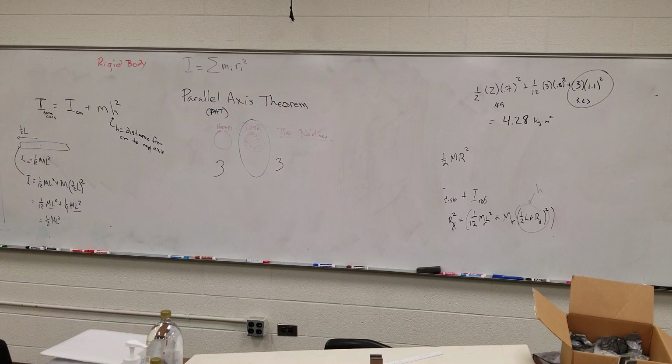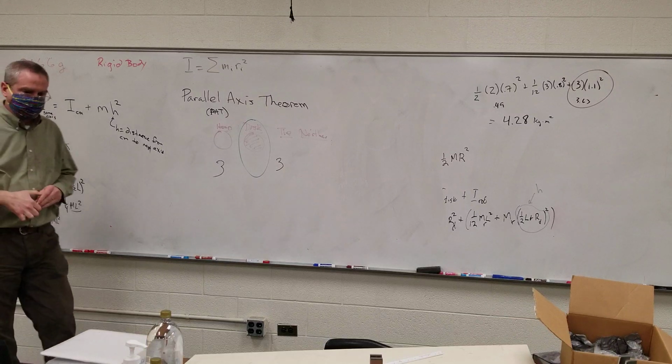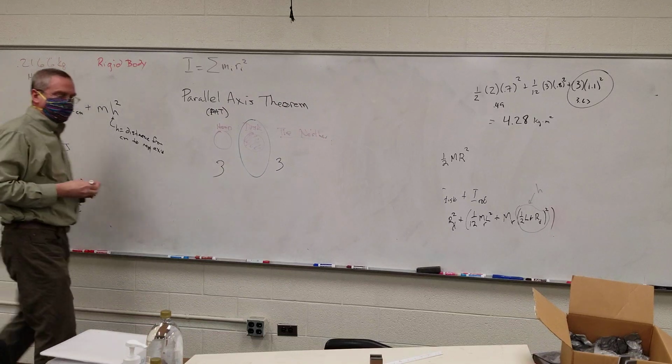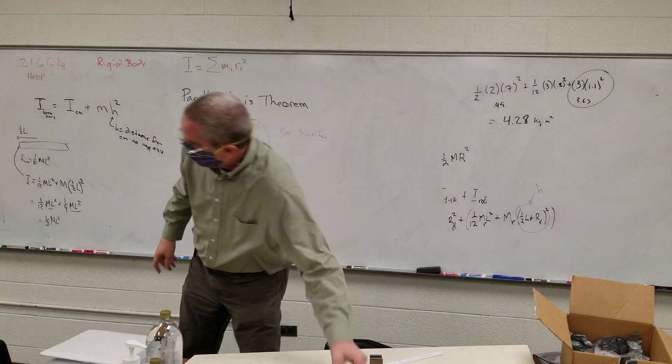All right, I did it backwards. This is 216.6 grams, so 0.2166 kilograms. This is for the hoop. Made the conversion and forgot to do the units.